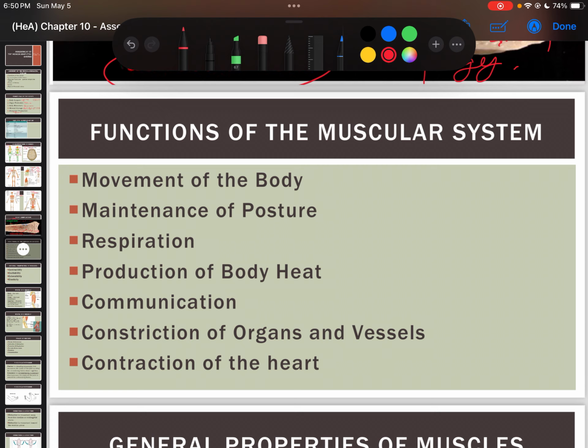The first function is obviously movement of the body. Contraction of skeletal muscles is responsible for the overall movement of the body, such as walking, running, moving around, and manipulating objects. Next is the maintenance of posture. Skeletal muscles constantly maintain what we call our tone.